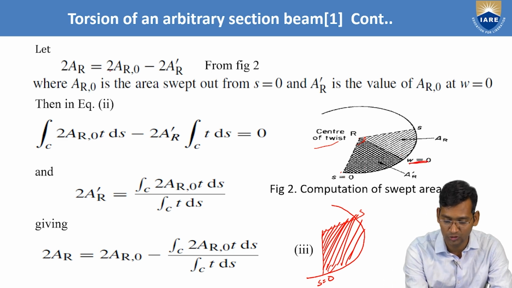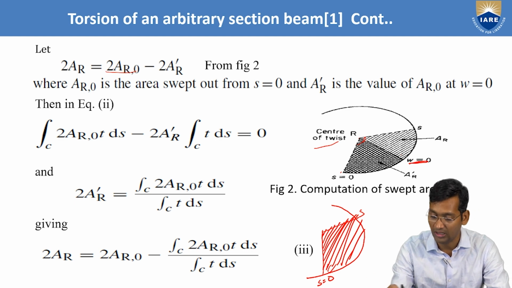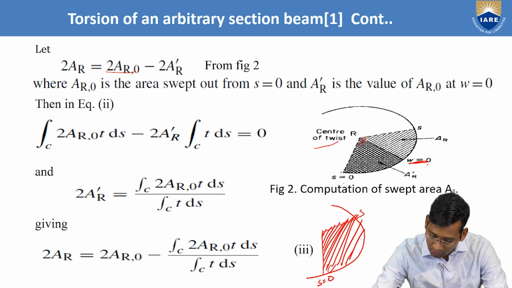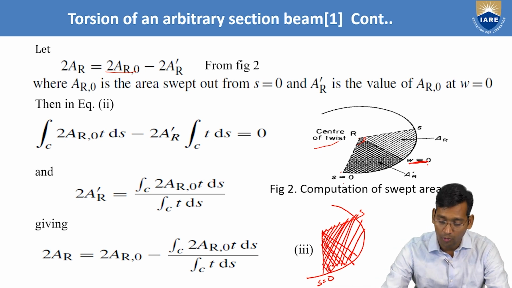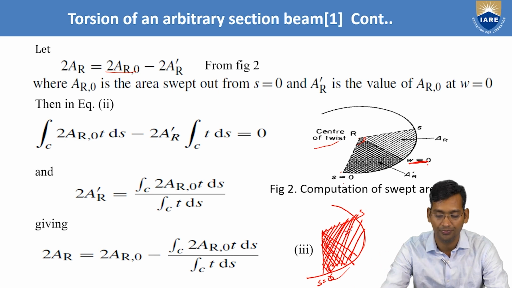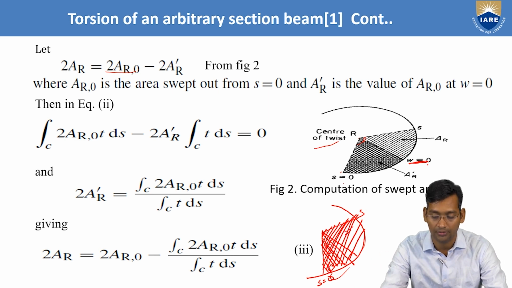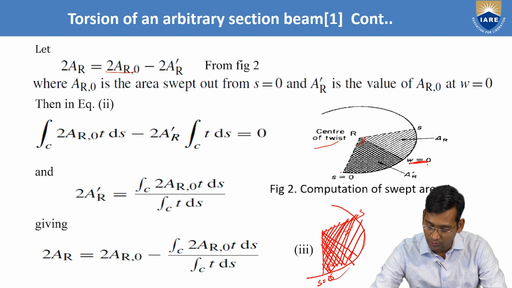So 2AR not, that not is for S, when S is 0 means that wrapping is 0. So that is how. Overall, if we subtract this part from the whole, we will get this part, and that is only our AR. So this whole part from here to here is our AR.